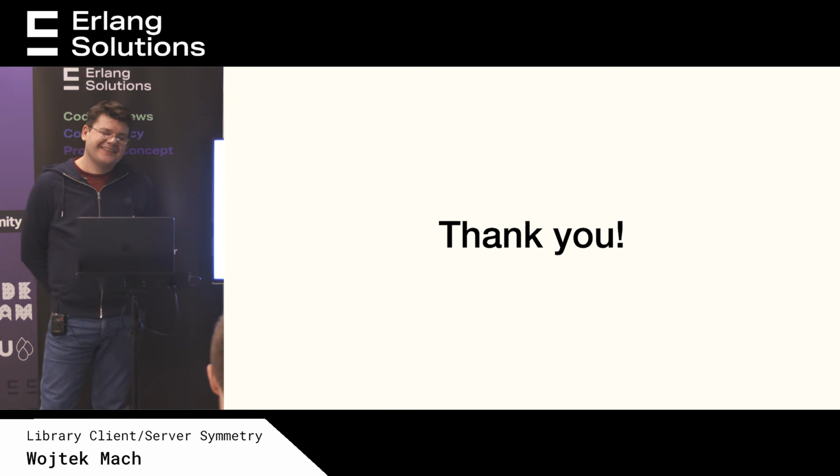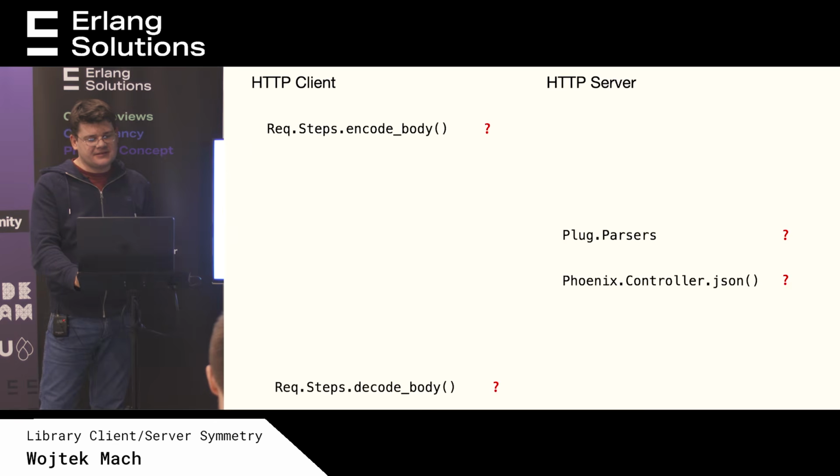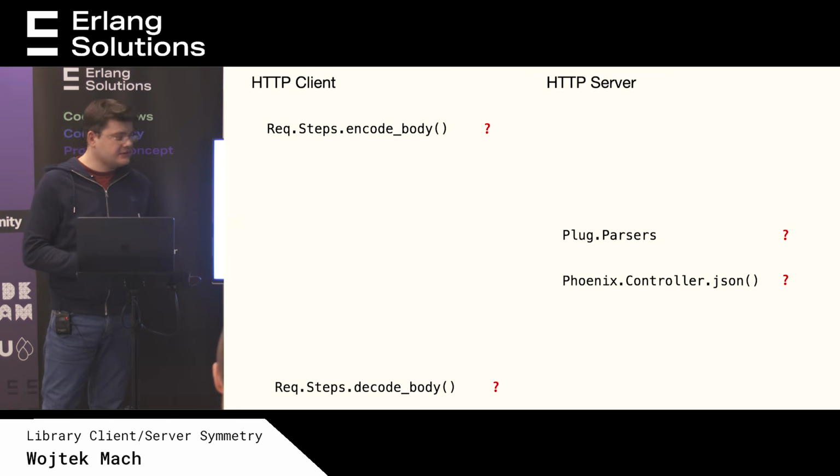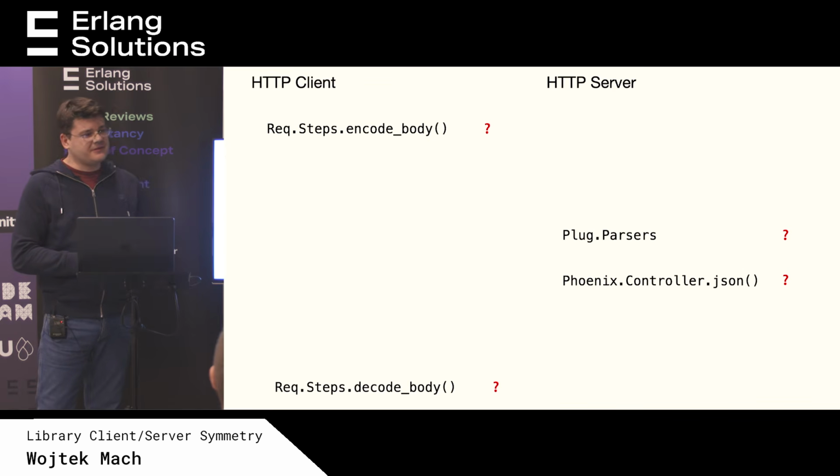Maybe not an answer. No, definitely. That's kind of what I alluded to a little bit at one of the later slides. What do we do about these, right? Do we maybe try to have a single uniform abstraction for the client and the server? So yeah, I think a little bit about that. I don't really have any answers.